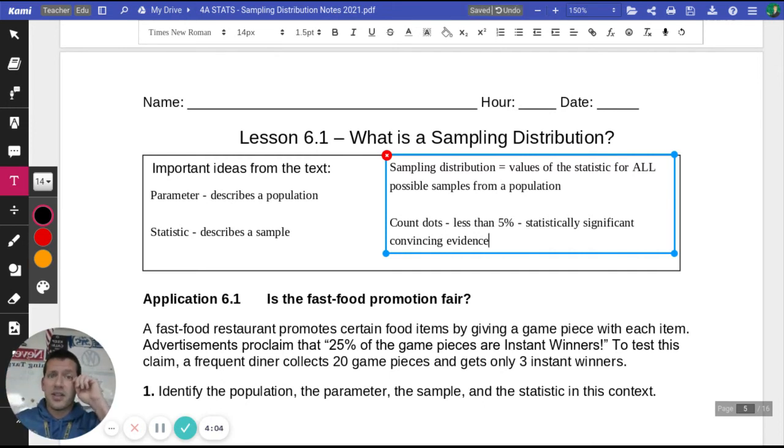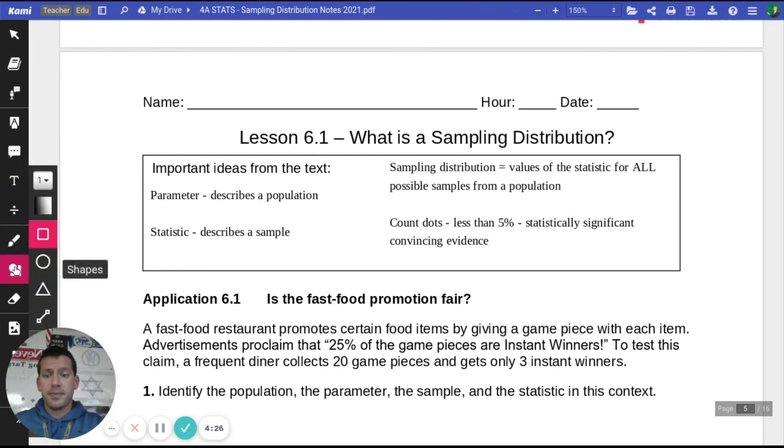If it's less than 5%, then something's out of the ordinary. That shouldn't happen a lot of the time. So either we repeat again and see if it happens again, or we just say, hey, this happened. It's pretty low. It's statistically significant that maybe what we should be seeing isn't actually what we're seeing.